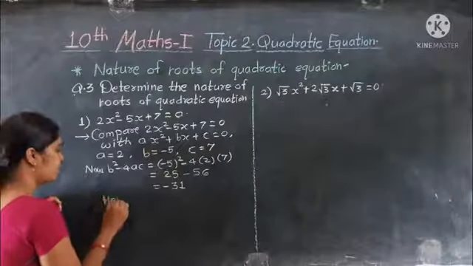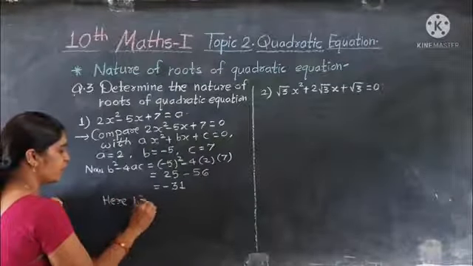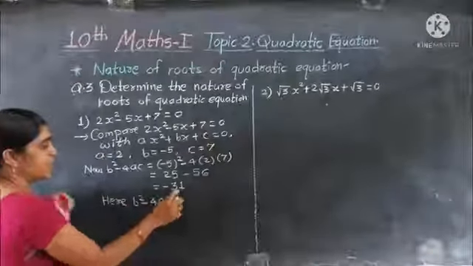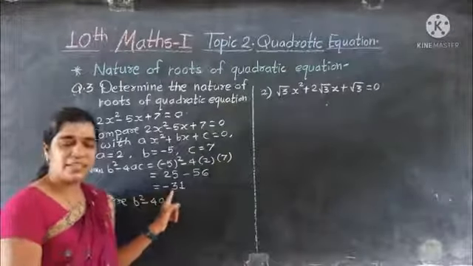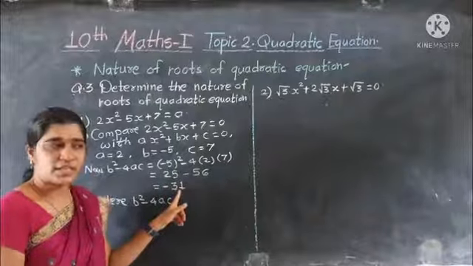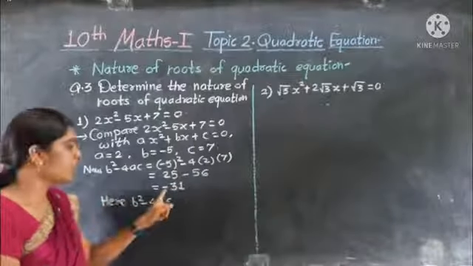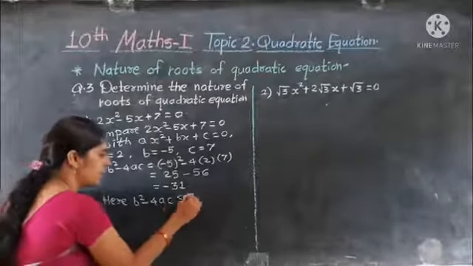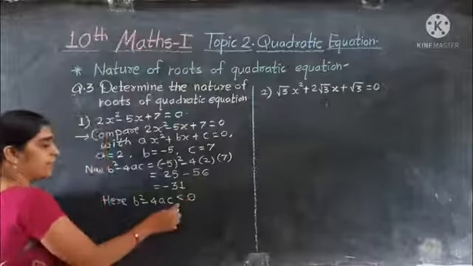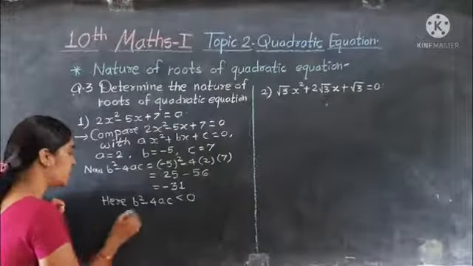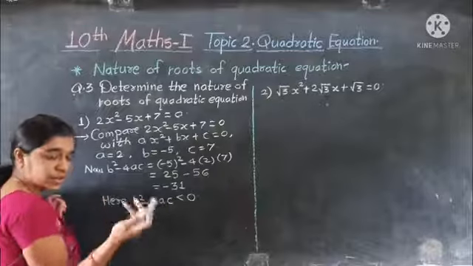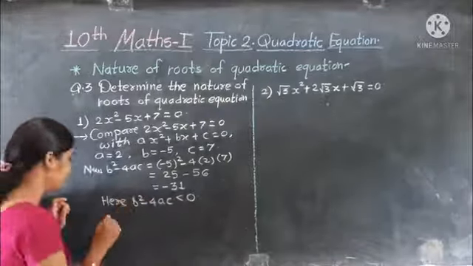Here observe, the value of b square minus 4ac is minus 31. Is it greater than 0, less than 0, or equal to 0? It is negative, so it is less than 0. And if b square minus 4ac is less than 0, then what is the nature of the roots? The roots are not real.